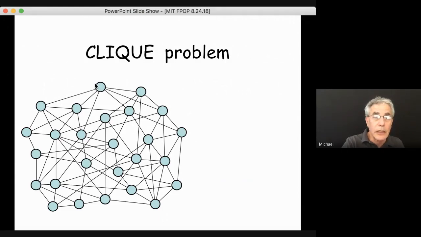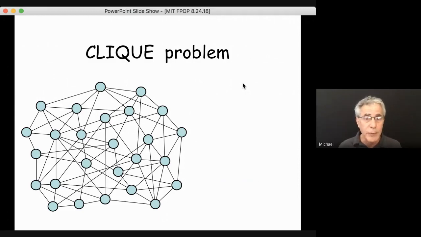We're going to put a line connecting them if those two people actually like each other. So these two people like each other, but these two people here, if you can see my pointer, I don't know if that comes through, I hope it does, but these two people here don't like each other, according to this representation.